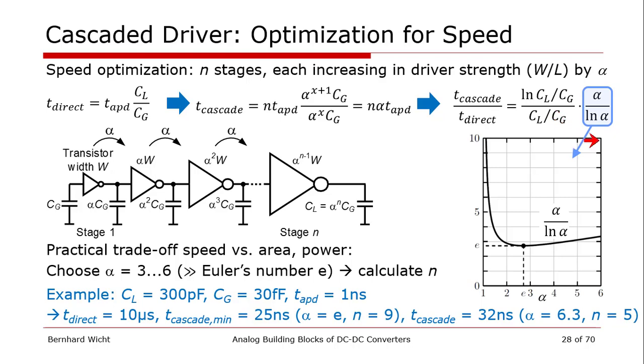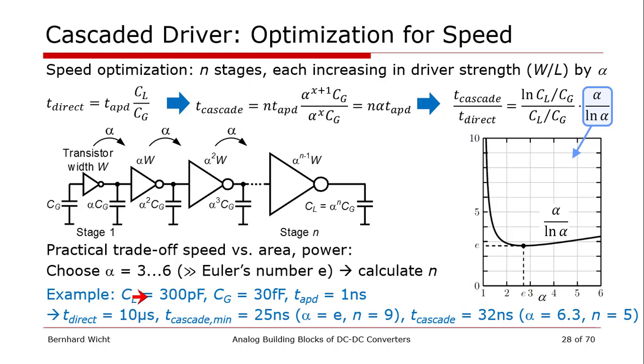The second term allows us to optimize, and if we plot this term as a function of alpha, we get a minimum which is exactly reached at Euler's number, roughly 2.7. Of course, this is just a simplified model. In reality, we get alpha values between 3 and 6. And from that, we can calculate the number of stages.